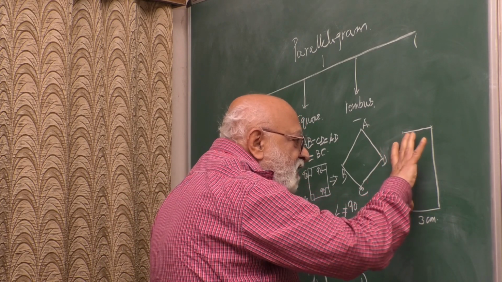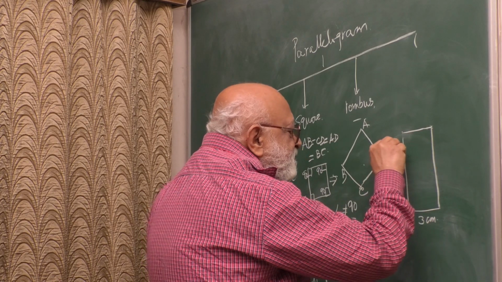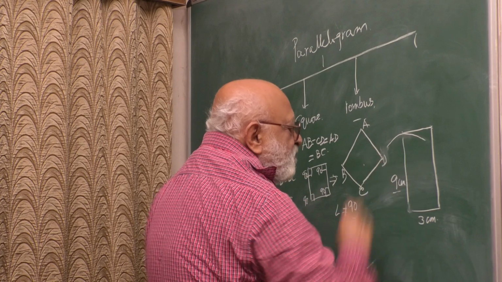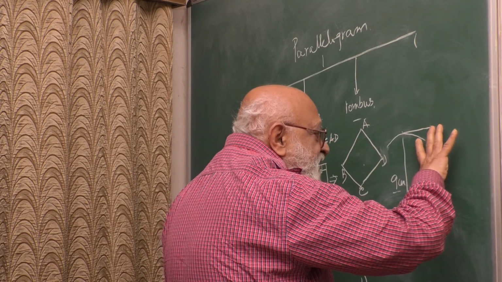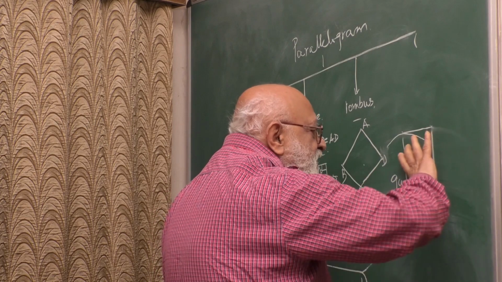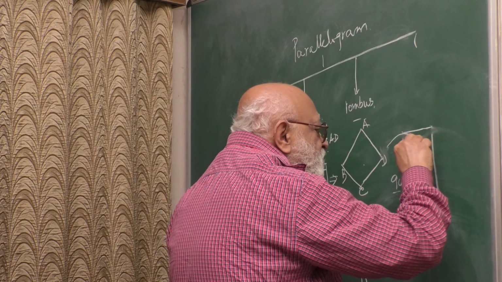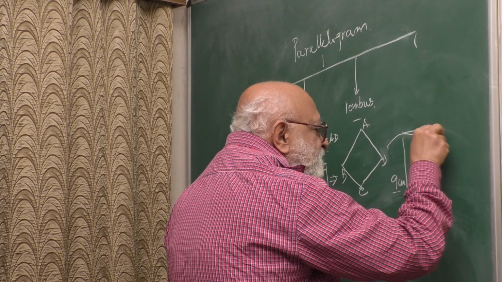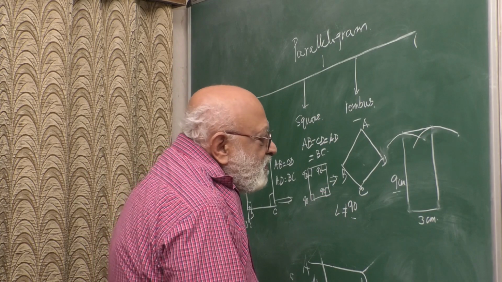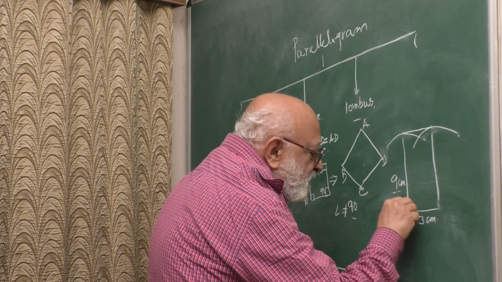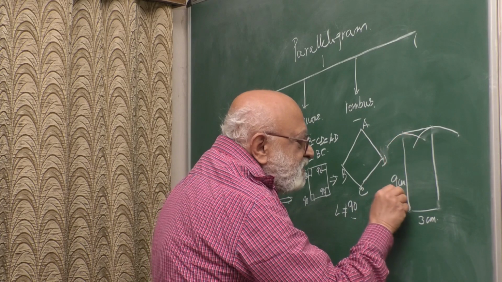So I'll draw an arc. Let us say this is the arc. Setting here, I will take this and I will also draw an arc here. So this arc will also be moving around like this. Now, any distance on this arc will be 9 centimeters.